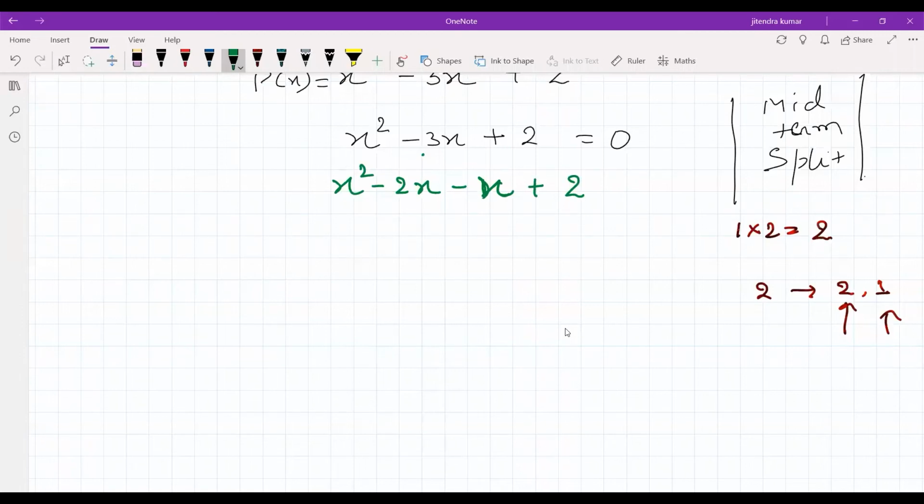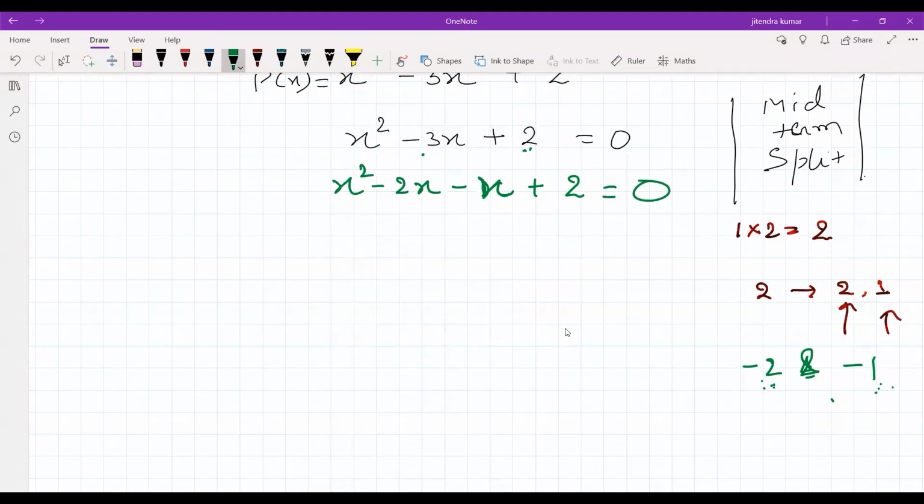So we have used -2 and -1. The condition is that on adding -2 and -1 we should get -3, and on multiplying these two we should get 2. So both are satisfied here. When we add -2 and -1 we get -3, and when we multiply -2 with -1 we get 2. So it is correct here.